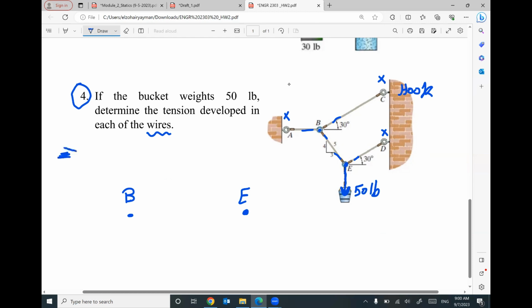This is the first step. You need to draw your joints. Let's start with joint E. I will have this vertical weight of 50 pounds. I will have this cable FED with this angle 30.